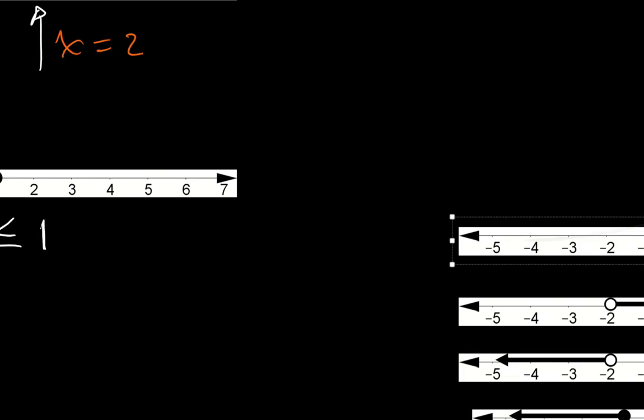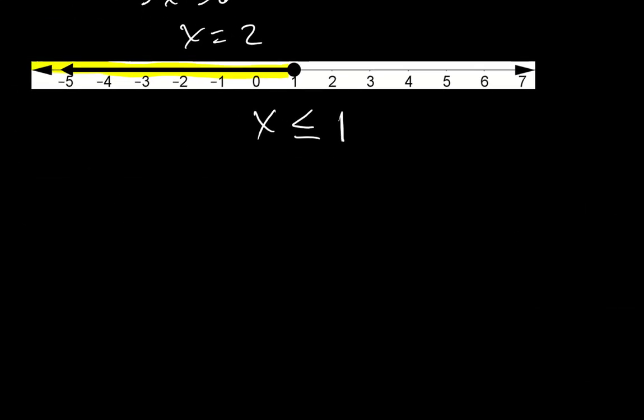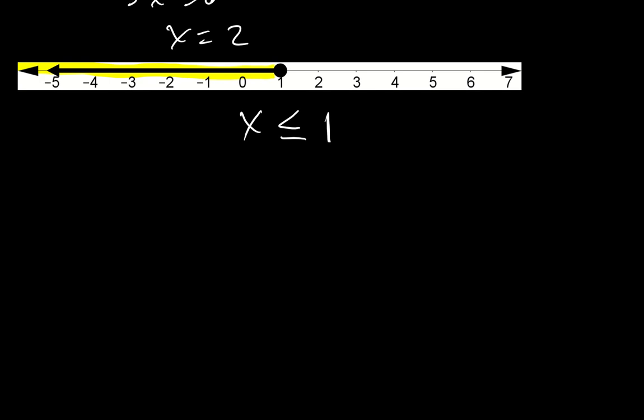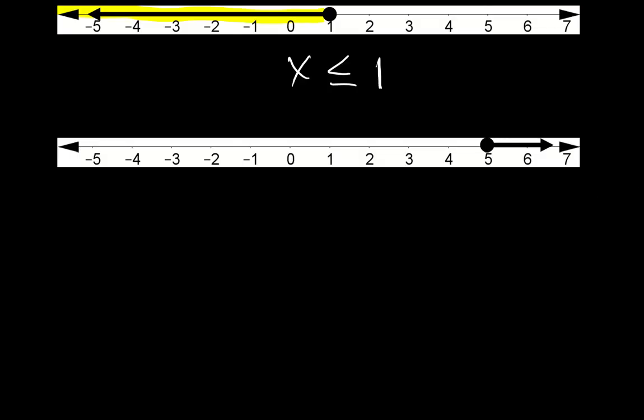Let's look at another one real quick. I want to drag this picture over. Okay, there's the picture. So you can see now the point that I care about is the number 5. And we're talking about the variable x, right? And this time, you can see x can be 5, but also x can be anything that's greater than 5.